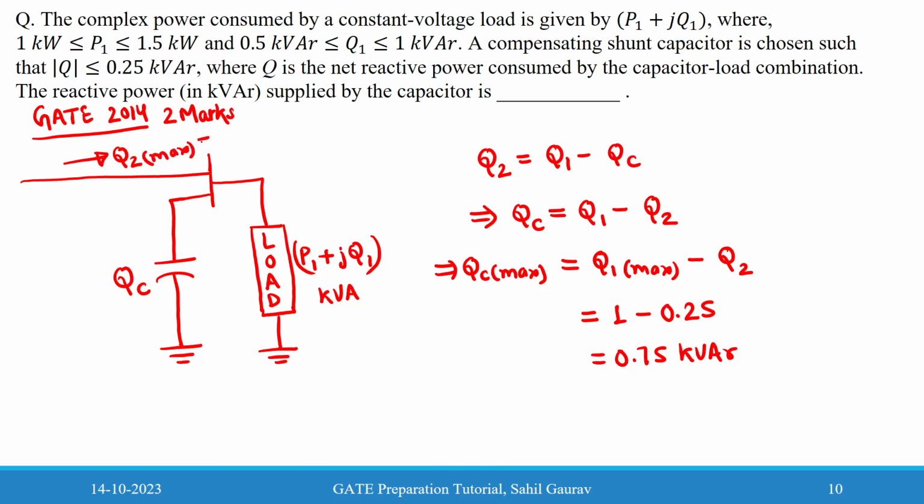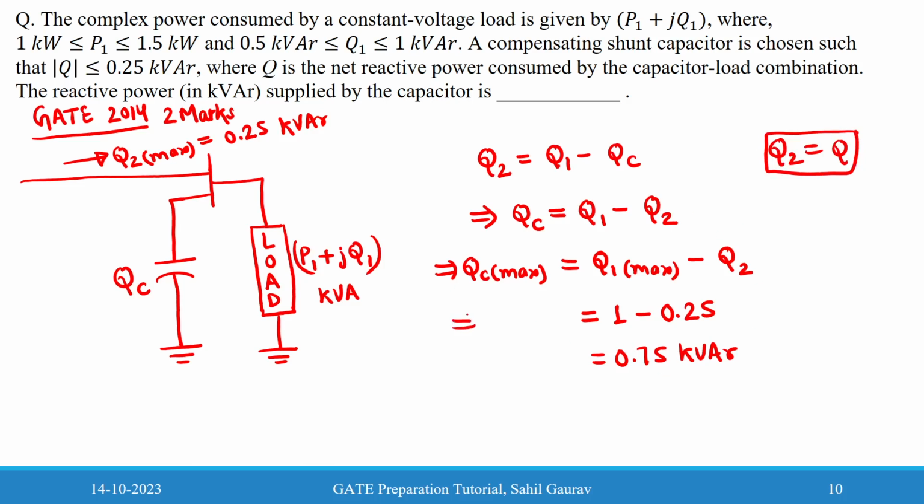If you write Q2 max, then it will be 0.25 kVAr, and Q2 is nothing but what we have considered as Q. So in this way you can find the answer to this question.